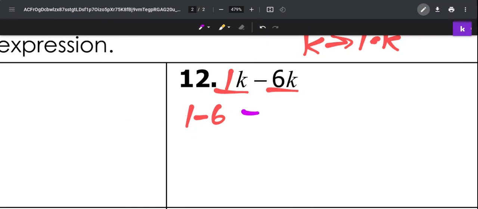So you know your answer is going to be negative. Because if I had like $1 in my bank account and I took away 6, I'm going to be in the negative. I'm going to owe someone some money. So that's how we know it's negative. Then what you can do is just take the two numbers and subtract them and get the difference, and it would be 5. So negative 5 is 1 minus 6, and then we just add in our k, which is our variable.